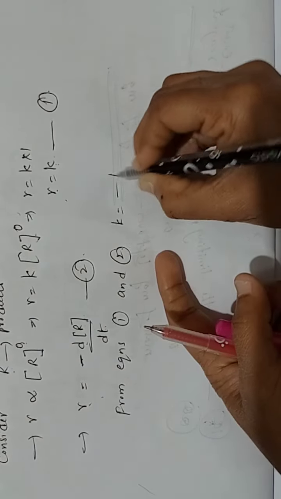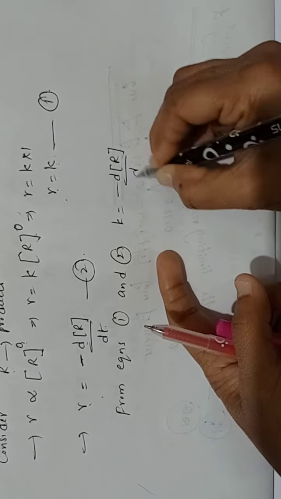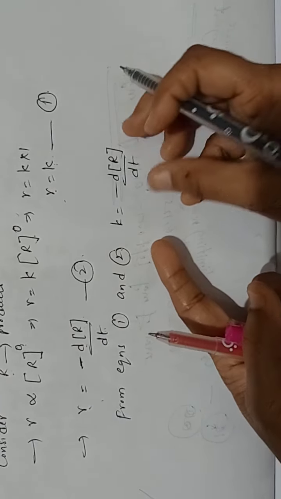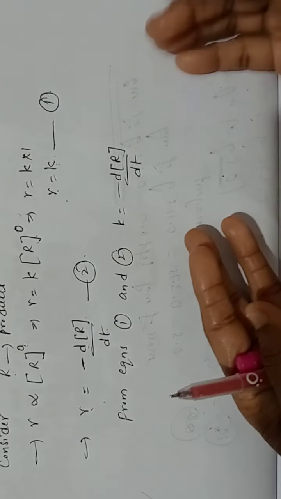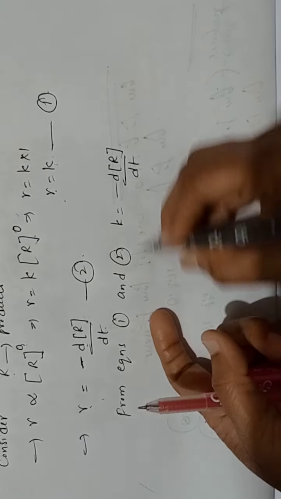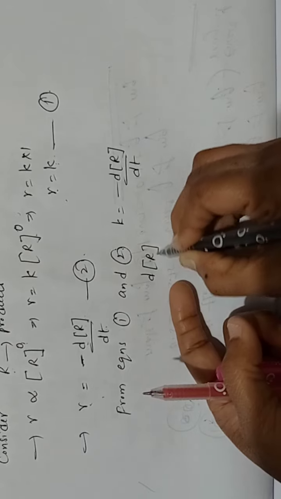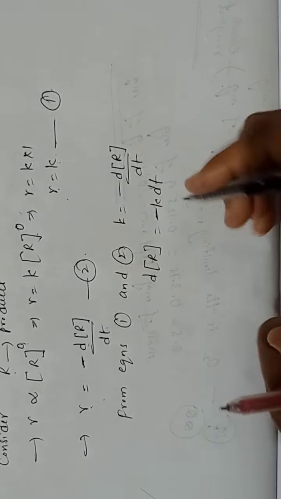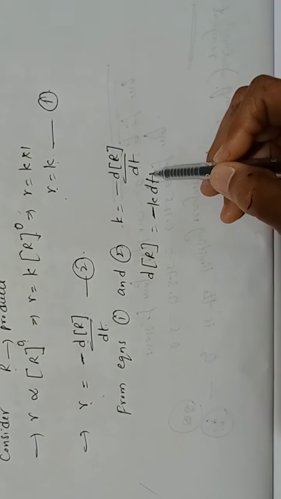So I take d[R] on one side and K into dt on the other side. So d[R] is equal to minus K into dt.